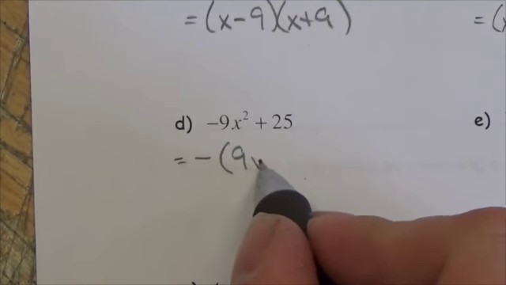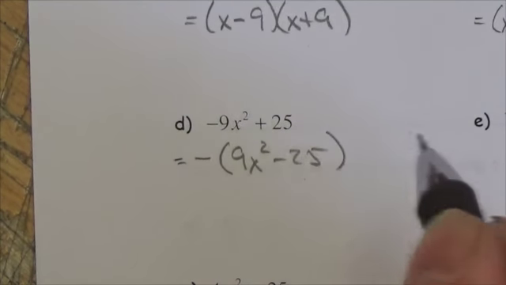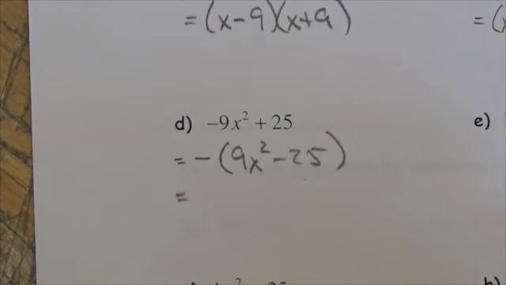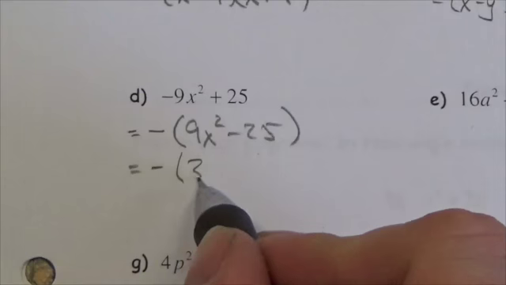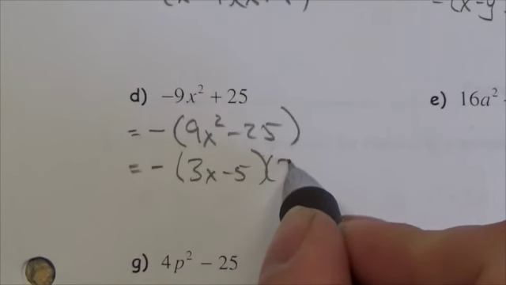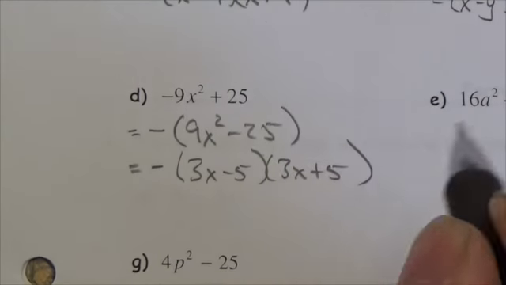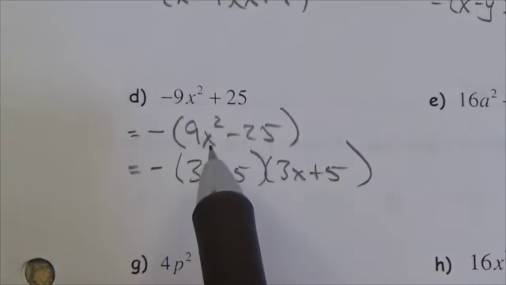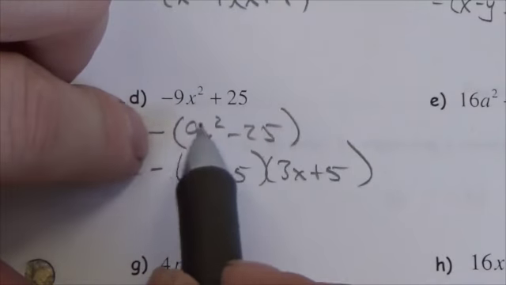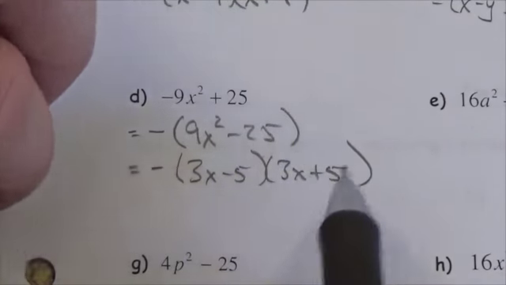So it's going to be 9x squared minus 25. That is far easier for me to look at. And so this is going to be negative 3x minus 5, 3x plus 5. So I take out the negative to make this kind of pretty. And when it looks pretty, doesn't have the negative up front, it's easier to factor.